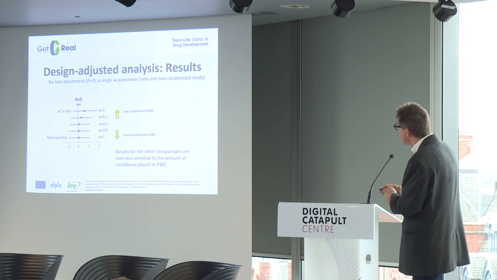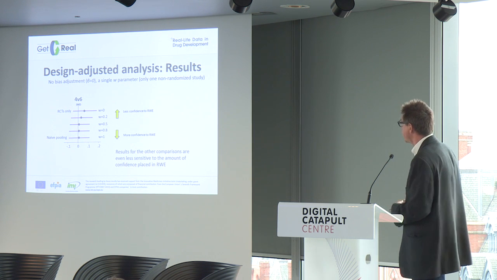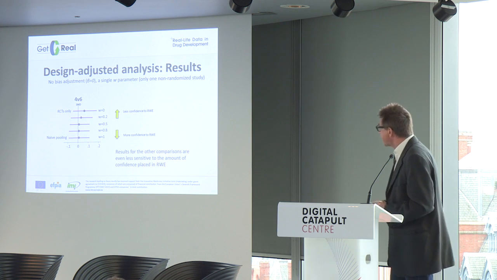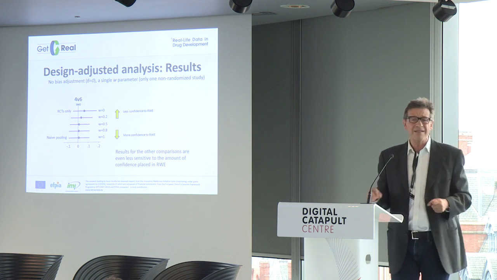So as we go down from this estimate to here, where the full amount of observational evidence is included, we add more and more observational evidence. And what you see in this case, 4 versus 6, is that it doesn't really make that much of a difference whether we include a lot or very little observational or no observational evidence.